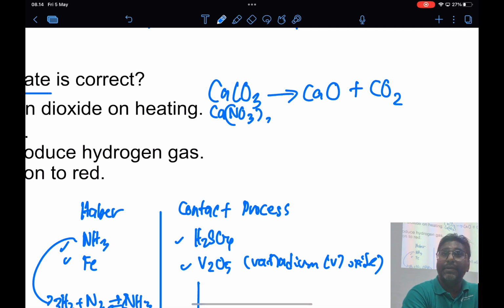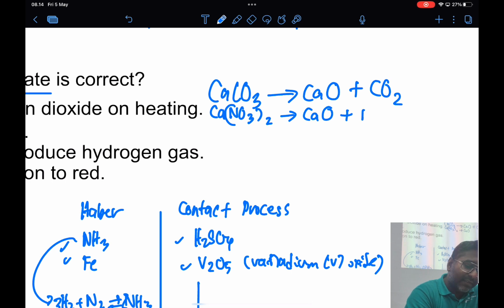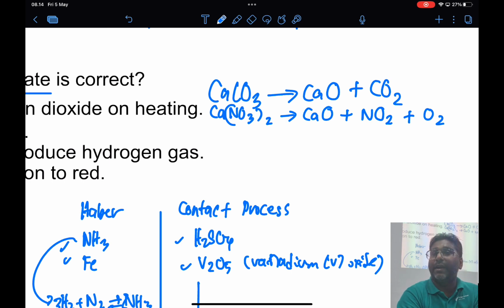Calcium nitrate can break into calcium oxide plus nitrogen dioxide gas and oxygen gas. For nitrate compounds, there are 2 types of gas that will be released: nitrogen dioxide and oxygen gas.